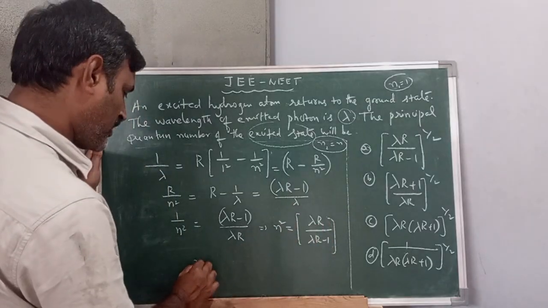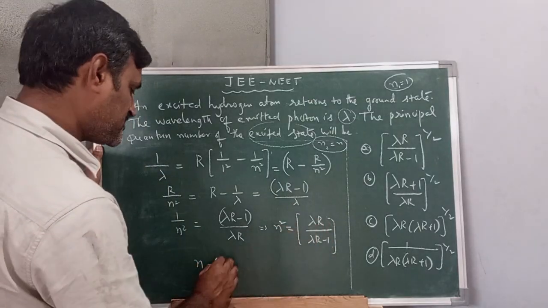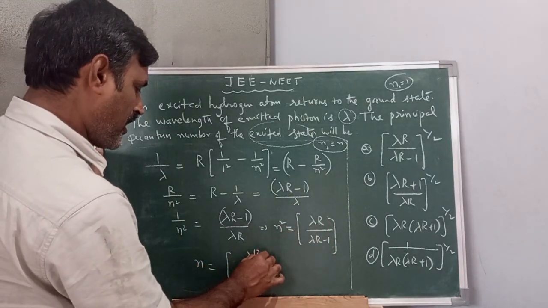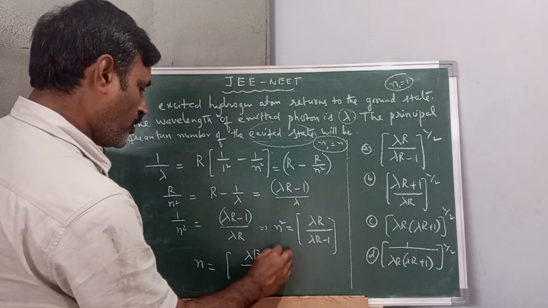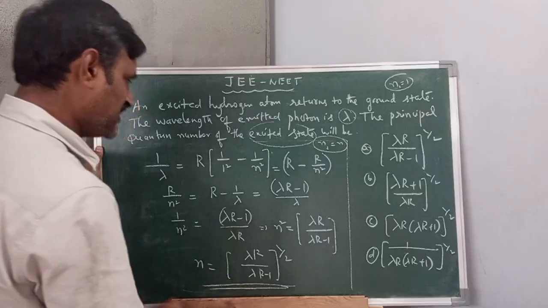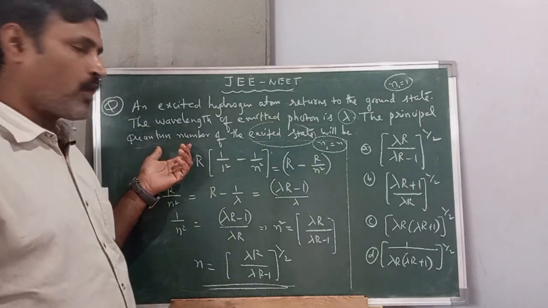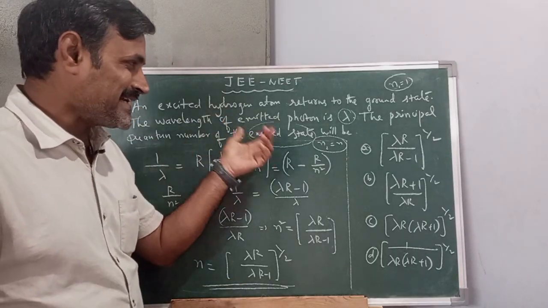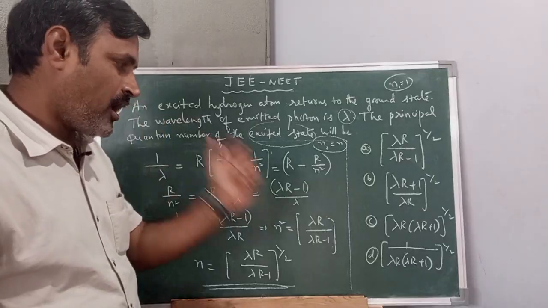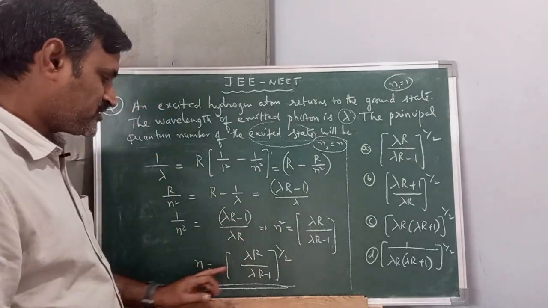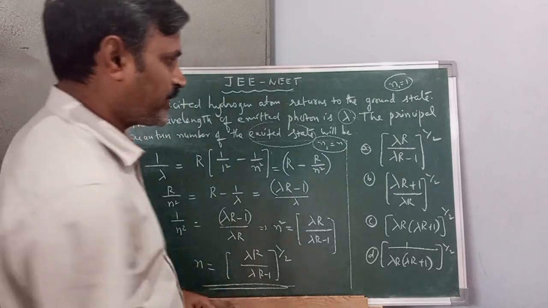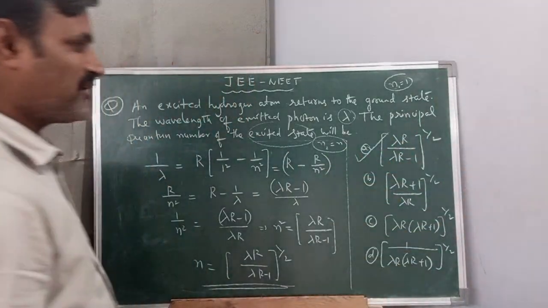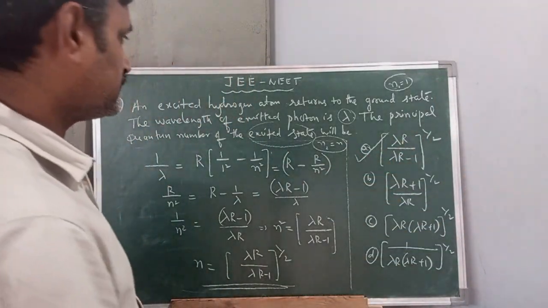So what is n? The square root of this, lambda R by lambda R minus 1, whole power 1 by 2. This is the principal quantum number of the excited state that they asked in this question. So n value is lambda R by lambda R minus 1 whole power 1 by 2. This is the right answer for this question.